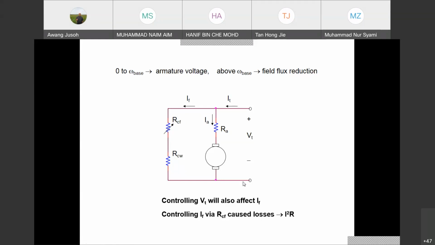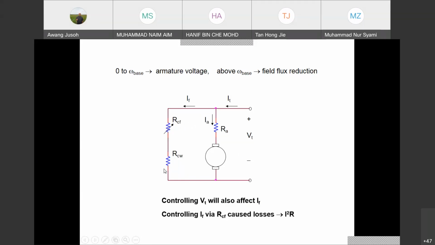But here we see that I squared R happens. So that is not good. A resistance actually represents the losses in the system. When you see the R in the circuit, it represents the losses. Your motor becomes hot, and the power input to the motor will be less because of the losses.